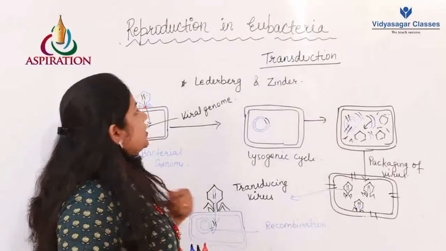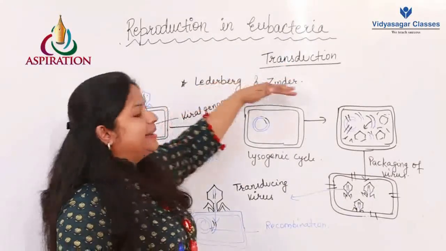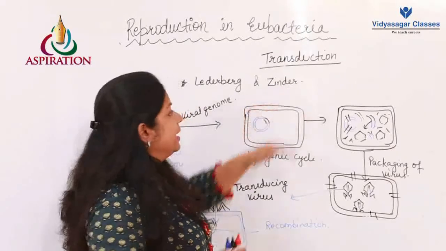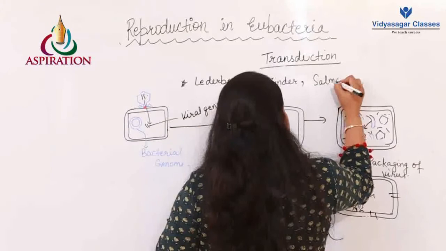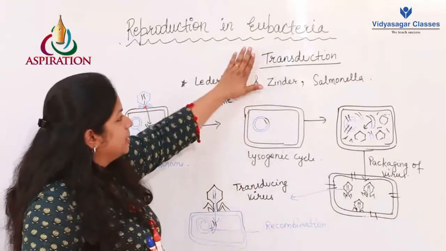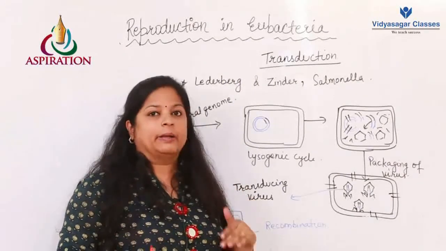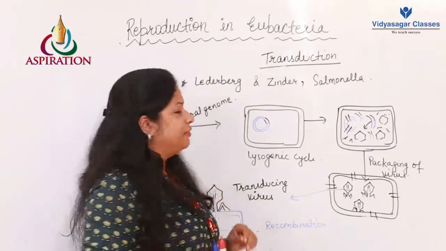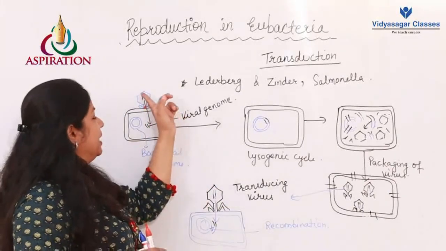Let's revise it. Transduction was discovered by Lederberg and Zinder in the bacterium Salmonella. The virus which infects bacteria is known as bacteriophage, which has two parts, head and tail.